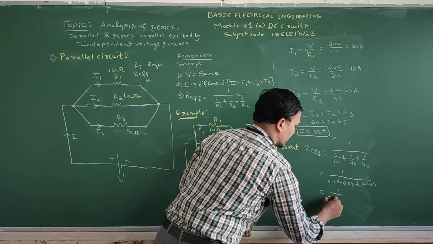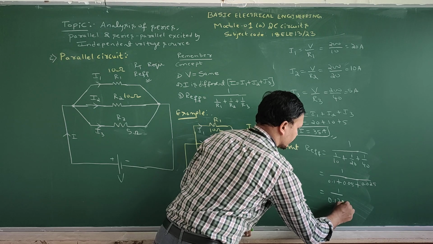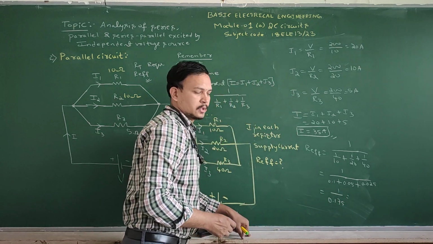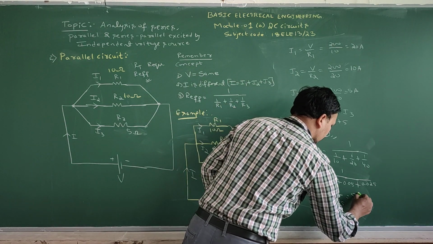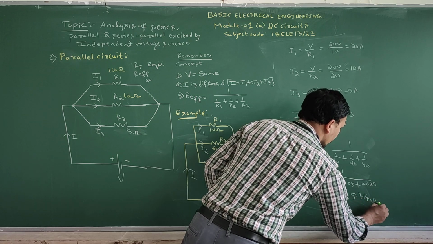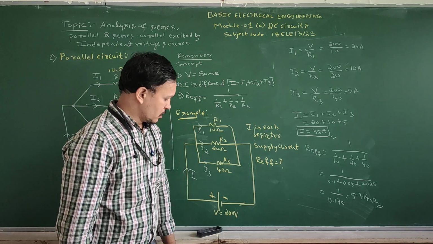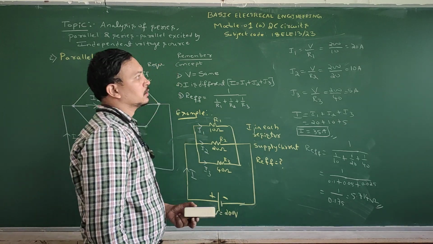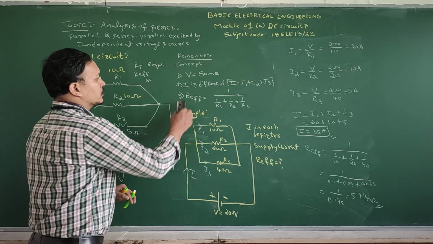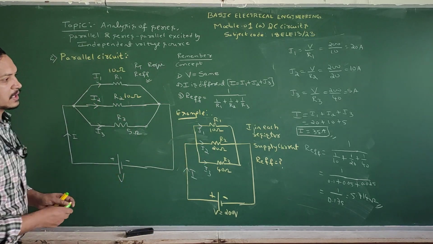This will give 1 divided by 0.175. If you do it in calculator, you will get approximated value 5.714 ohms. The effective resistance is 5.714 ohms. Okay, got it? Fine. So next further we can proceed.